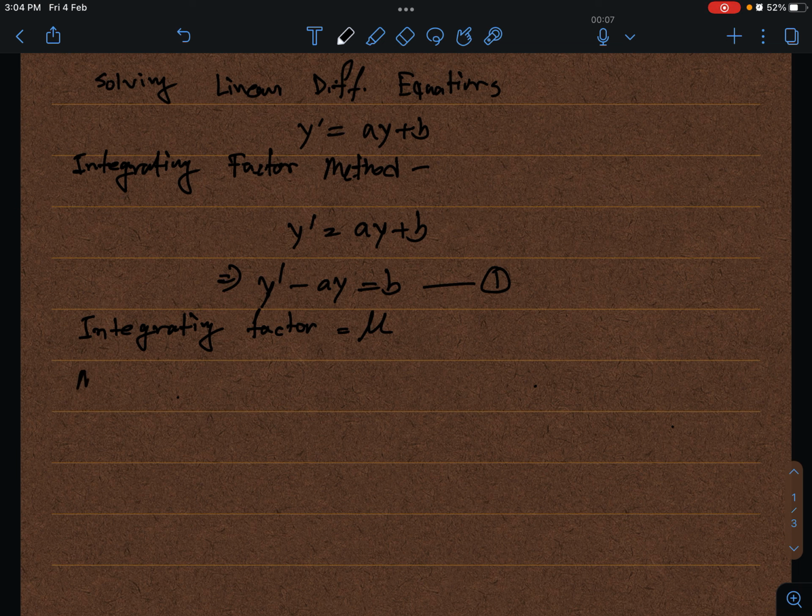So multiplying equation 1 by mu, we have mu y prime minus a mu y equals mu b. Now what is the definition of mu?